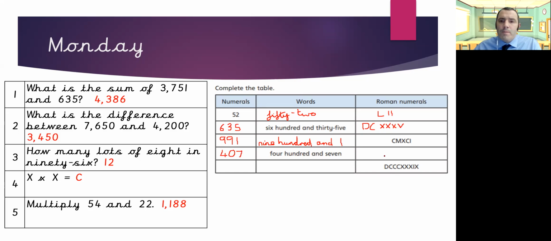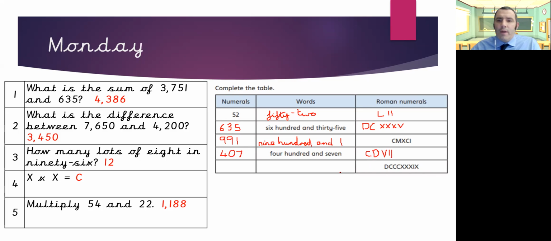So that will be that one. And then our Roman numeral. So we need to build our number. So 400, so we need 500, and we need 100 less. And then again, we build the 7, V for 5, I.